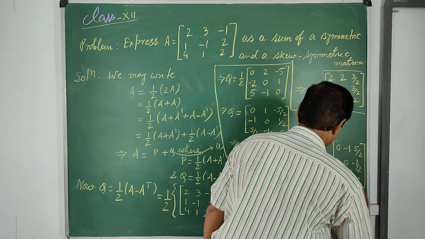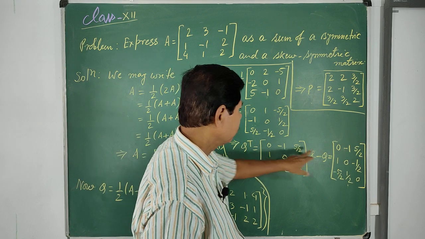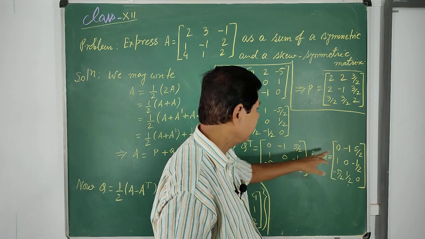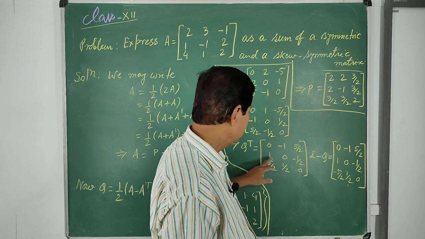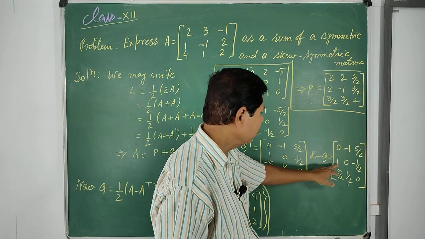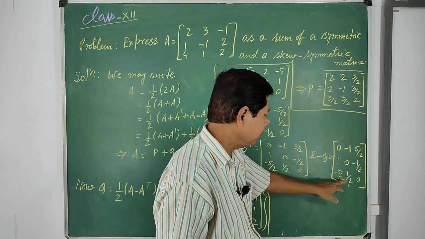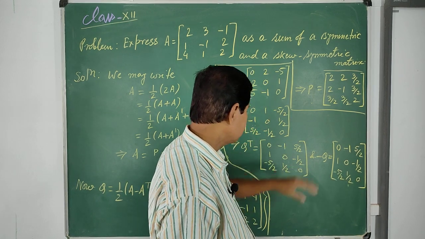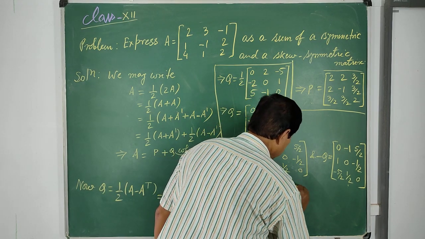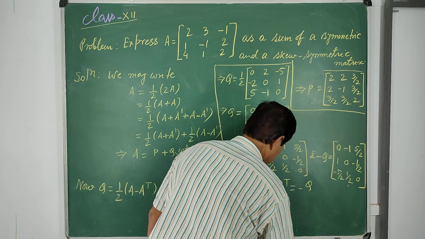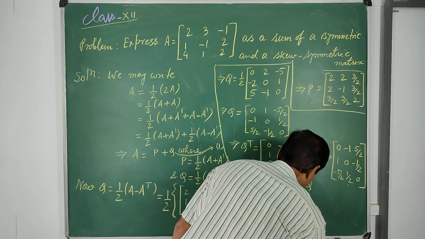So you can see that minus Q is equal to Q T. Compare these two, right hand side: they are the same. This implies Q T equals minus Q. This implies Q is skew symmetric.